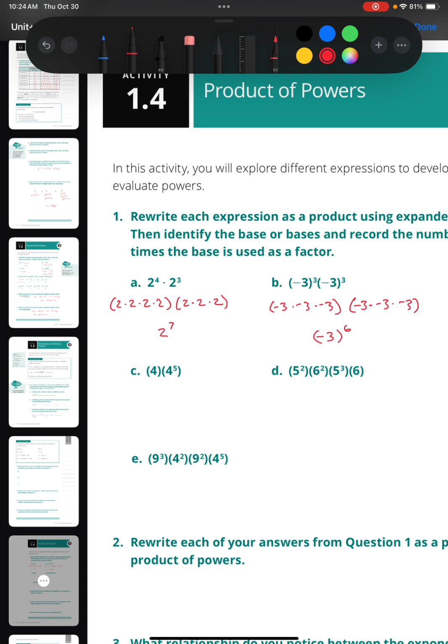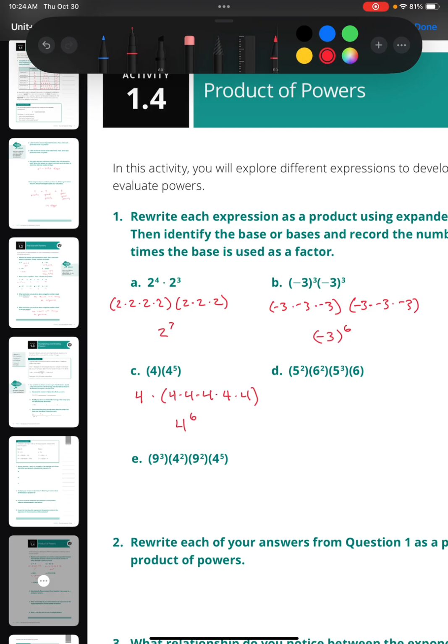Okay, for C, that first 4, if there's no exponent on it, that's to the 1st power. So this is 4 to the 1st, times 5 more. Now if we count those up, there is 6. So 4 to the 6th power.